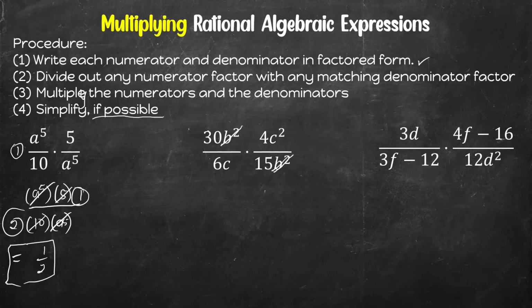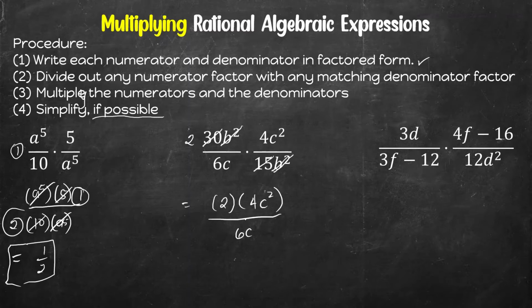Next, si 30 at si 15, they are both divisible by 15. So, pwede nang makancel si 15. Si 30, pag dinivide natin sa 15, magiging 2 na lang. Next, si 2 and 6. Para hindi kayo malito, lalagay ko dito 2 times 4c squared all over 6c.